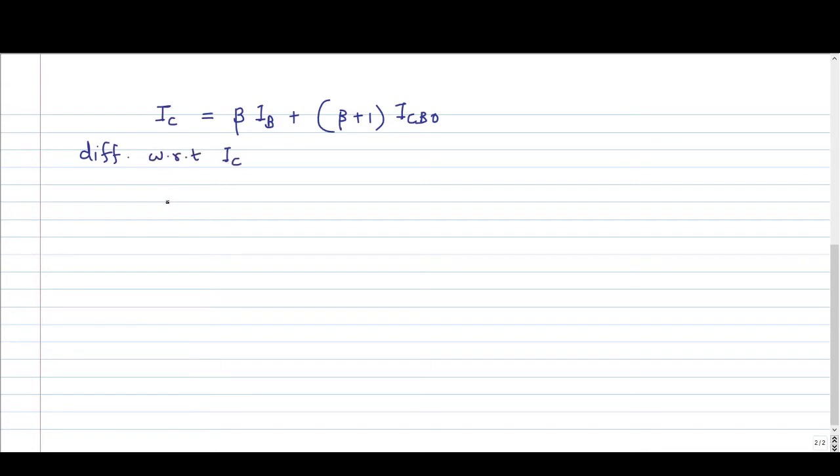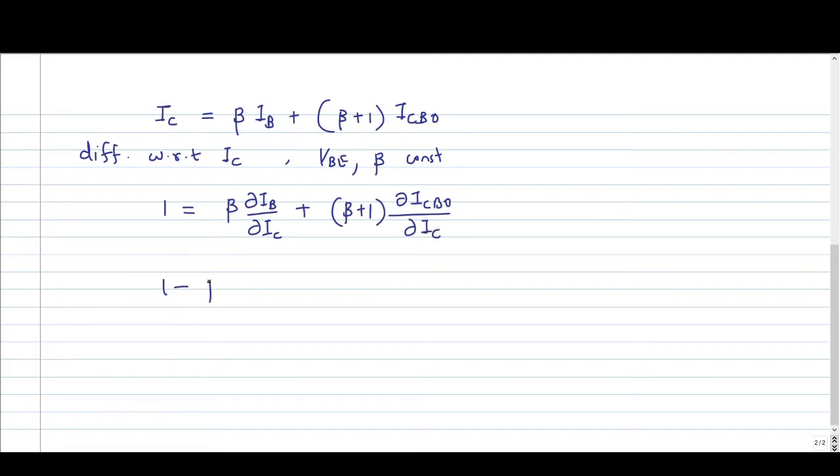When you differentiate, the left hand side becomes 1, which is equal to beta into the partial derivative of IB with respect to IC, since we are keeping VBE and beta constant, plus beta plus 1 into the partial derivative of ICBO with respect to IC.